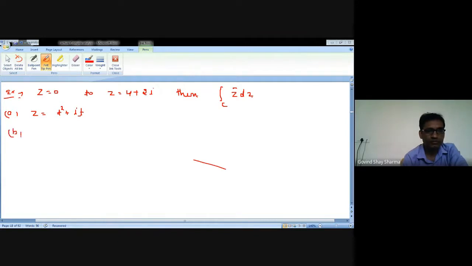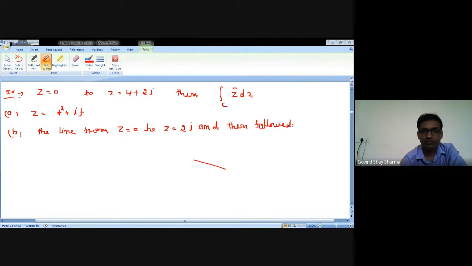Along the path B, the line from z equal to 0 to z equal to 2 iota, and then followed by the line from z equal to 2 iota to z equal to 4 plus 2 iota.